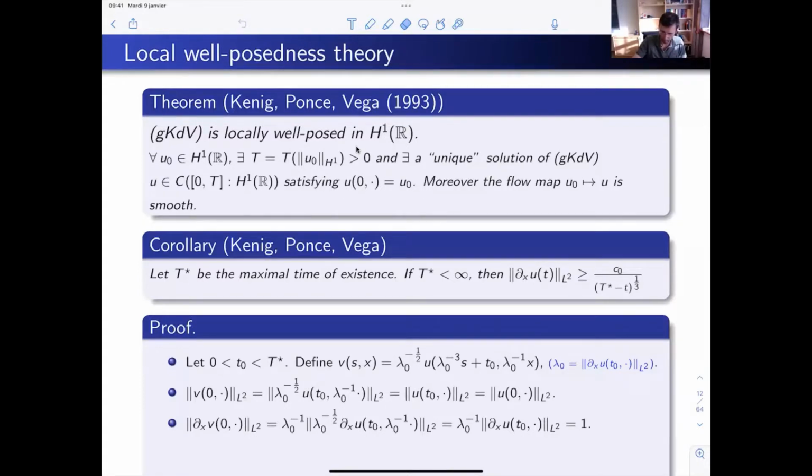And so what you get is lambda naught to the minus 1 times the L2 norm of dxu at t naught. And so by the choice of lambda naught that we have in blue a little bit above, we choose lambda naught such that this is equal to 1.